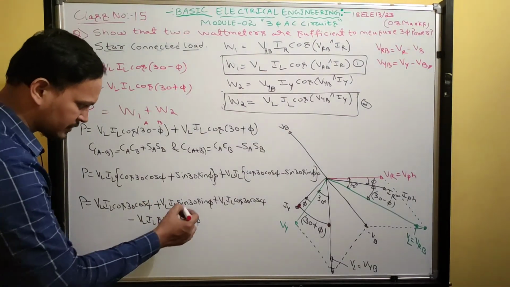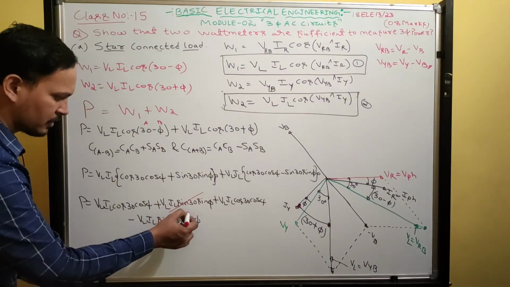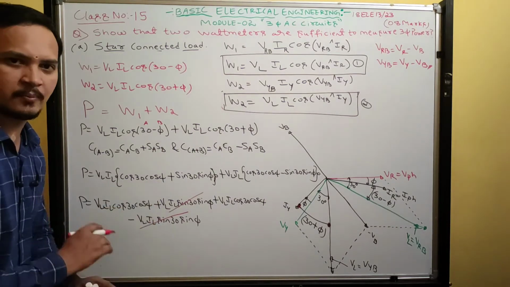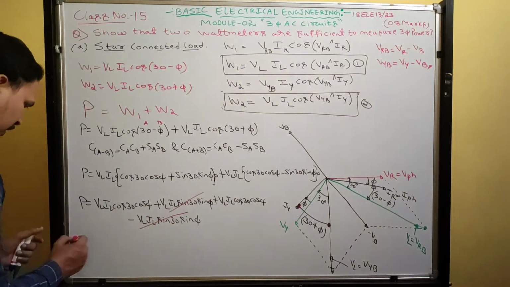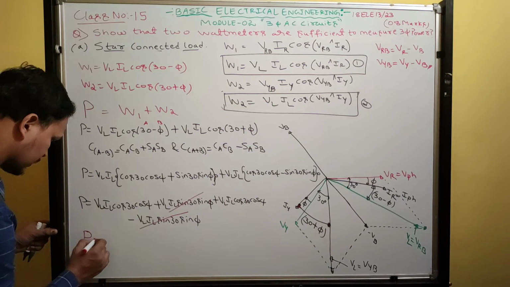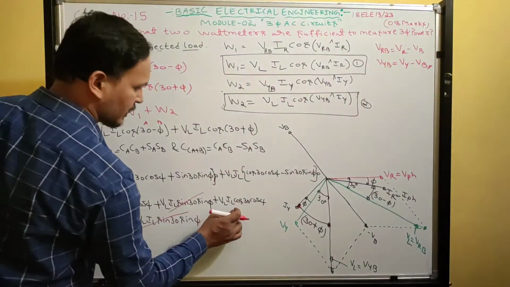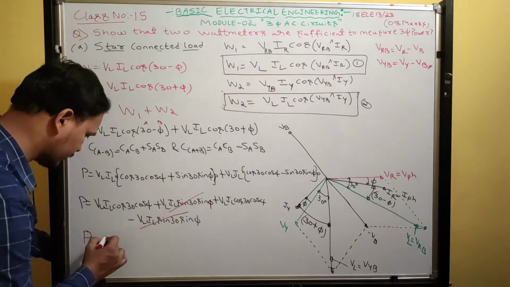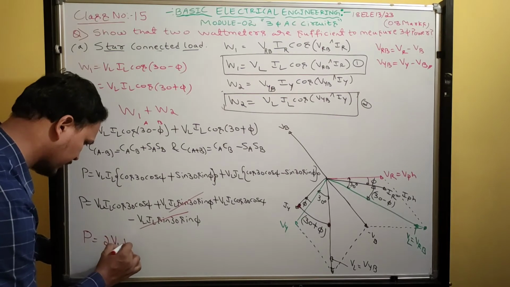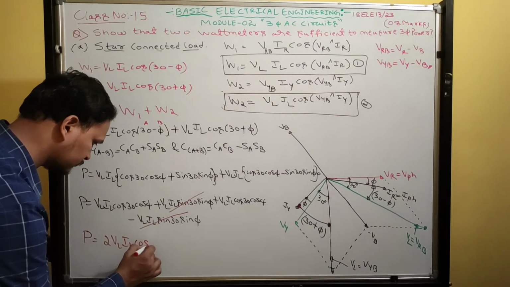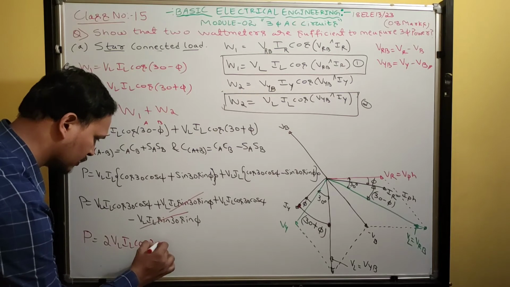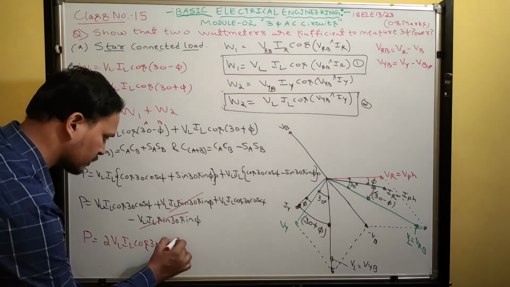Now plus VL IL sin 30 sin pi and minus VL IL sin 30 sin pi cancel. So what is left? Power is equal to VL IL cos 30 cos pi twice, so 2 times VL IL cos 30 into cos pi.